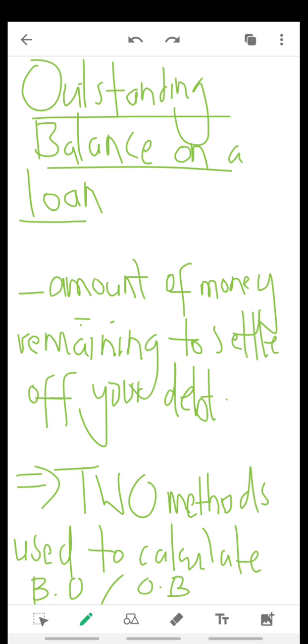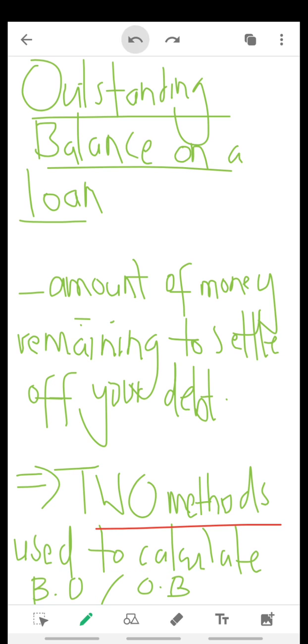The time you stop at the 10th payment, you will still be left with the other months. So there will be an outstanding balance on that loan. And what's an outstanding balance on a loan? It's the amount of money remaining to settle off your debt. That's how much you need to settle. So there are 2 methods that we use when we calculate the outstanding balance of a loan.